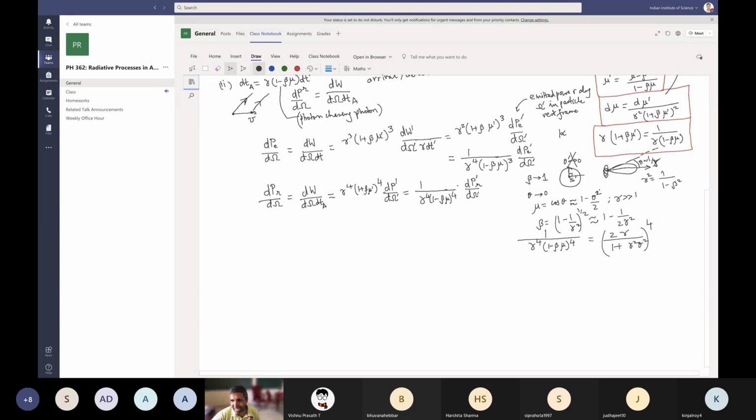So for dPr by d omega, the rest-frame part is isotropic, more or less the same irrespective of omega prime. In the case of beta going to 1, this is a function of only gamma and gamma theta. As beta tends to 1, the theta dependence is only through gamma times theta.